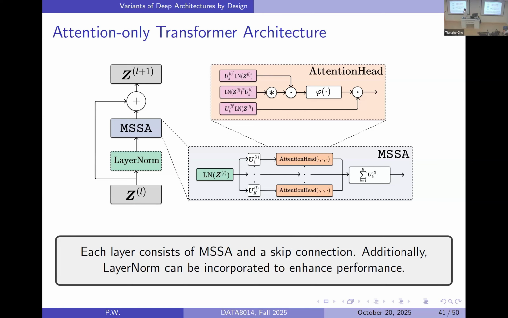We directly take the input, apply layer normalization, and do multi-head subspace self-attention, then get the output. This is the skip connection. So different from the current architecture, in the attention-only transformer, each layer only consists of multi-head subspace attention and a skip connection. Sometimes layer normalization can be incorporated to enhance performance, especially for language tasks.